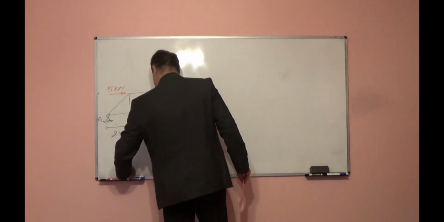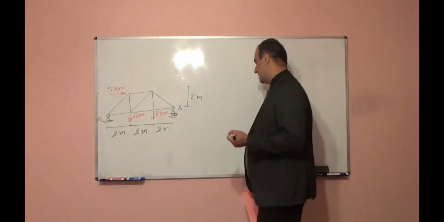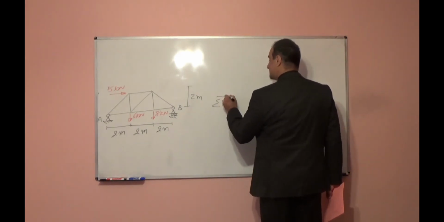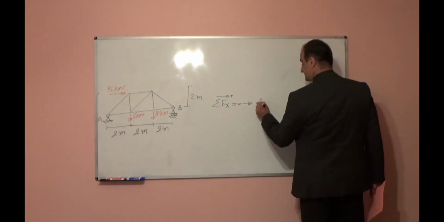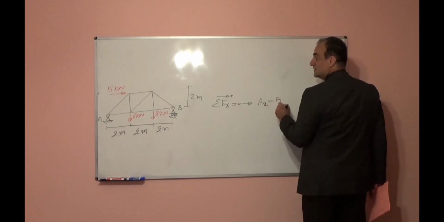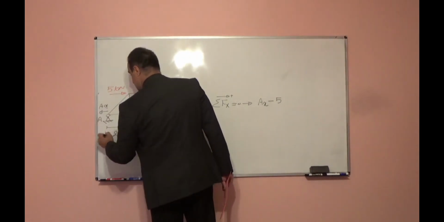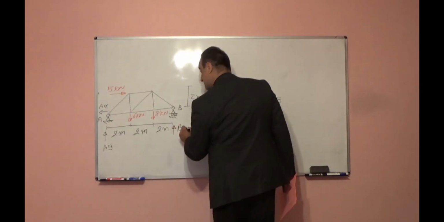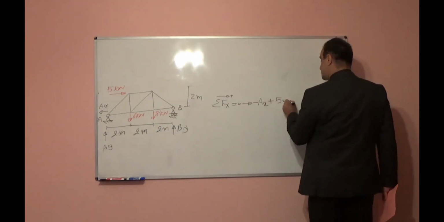Here again, this structure is in 2 dimensions, it is a plane structure, so I can write 3 equilibrium equations. Summation of forces in horizontal direction equal to 0. From here I can write, if I show, for example, AX in this direction, AY in this direction, and BY in this direction, negative AX plus 5 is equal to 0.